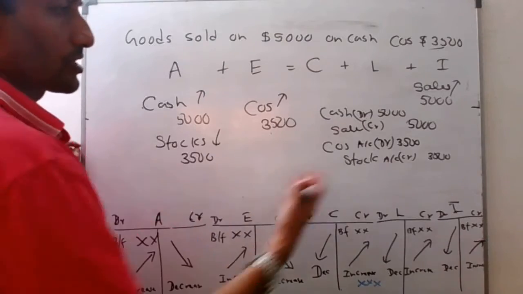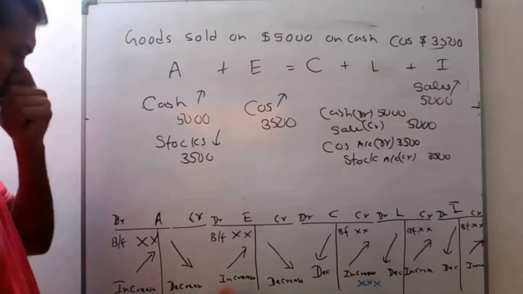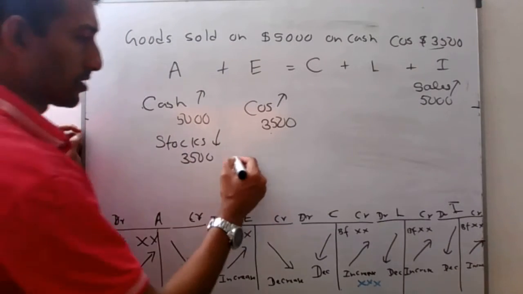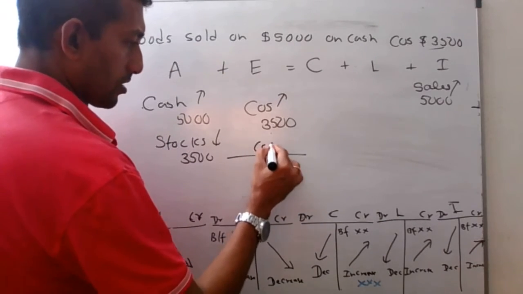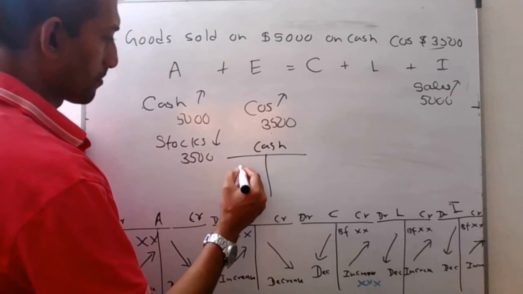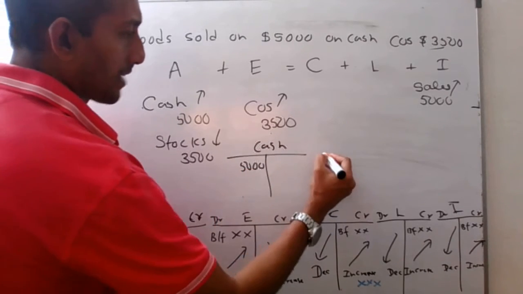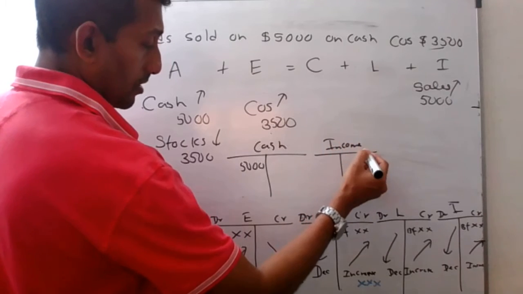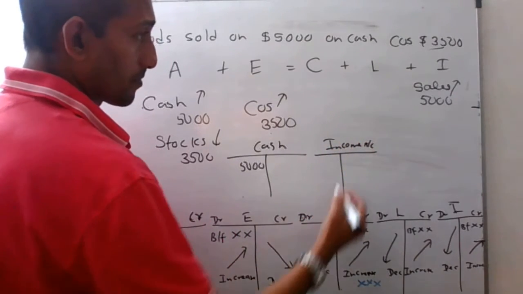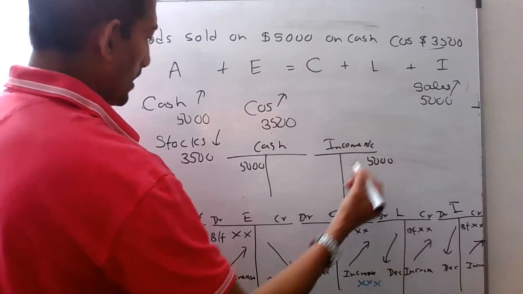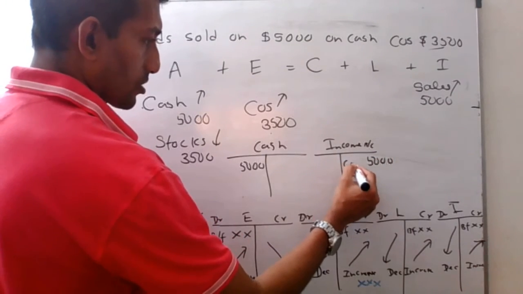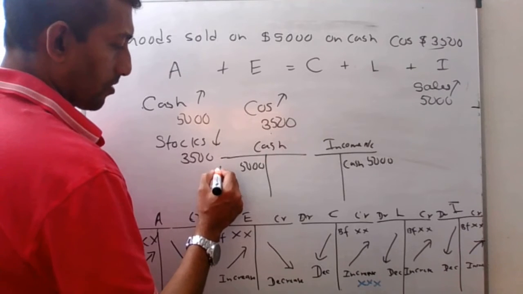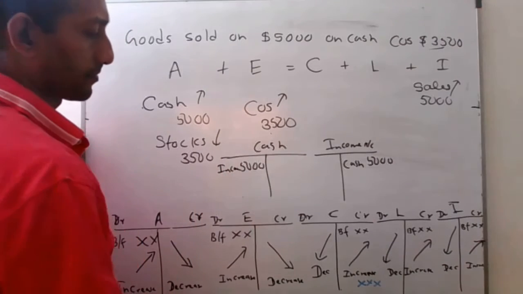So if I show this in the ledger accounts, I can open the cash account. My cash would go up by 5,000 and my income, sorry, income will be credited by 5,000. So I'll write here cash and I'll write here income or the sales account.